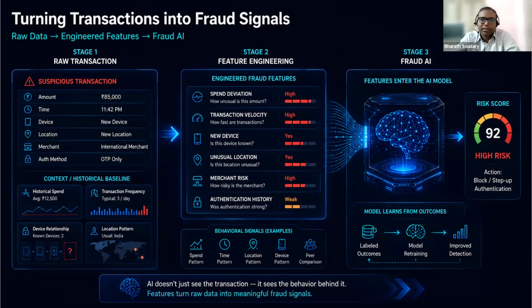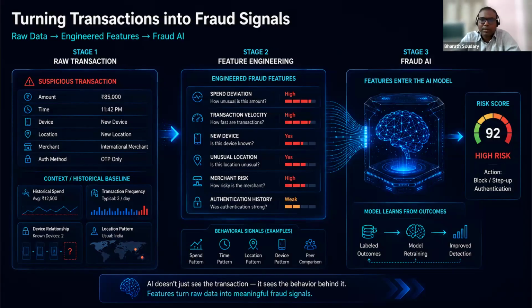Merchant risk: the customer is transferring the amount to a different merchant. Authentication history: whether strong authentication was successfully completed or not.